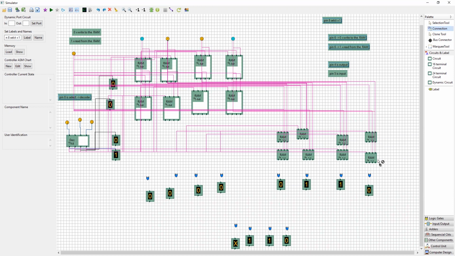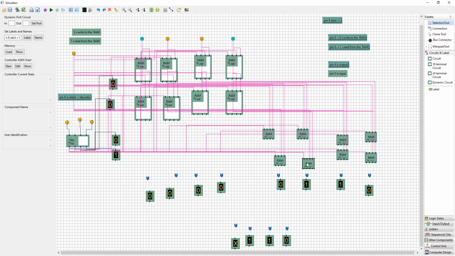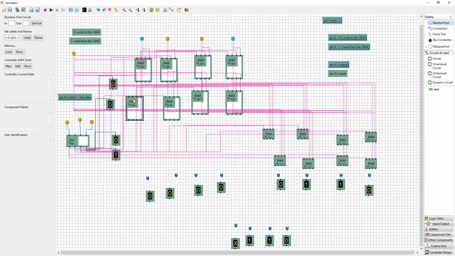And one point you need to observe: pin number 7 is not connected at all, but if you find pin number 7 connected anywhere, then you must think about removing the connection. Here it is not connected, but here there is a connection. This is wrong. Okay, so the input connections are also done.